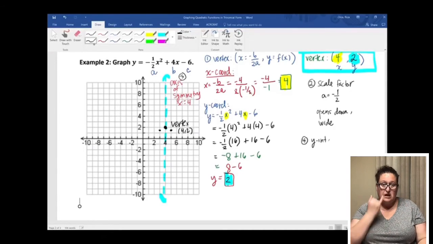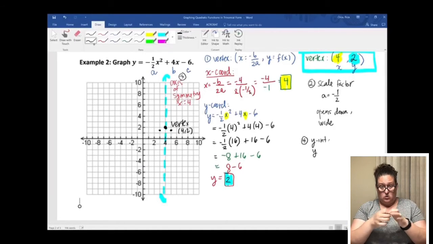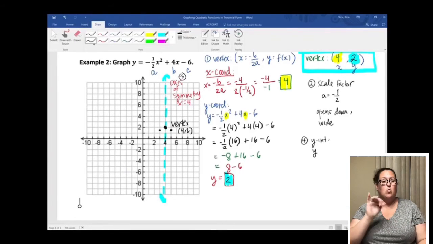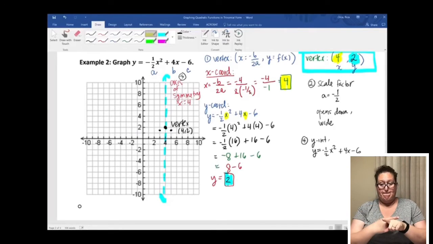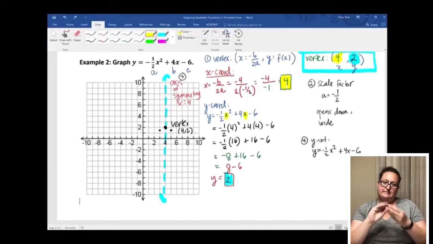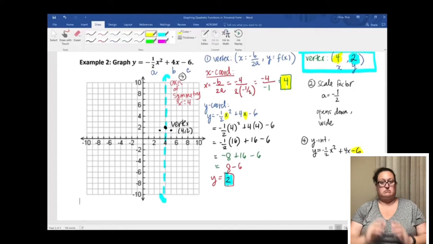So if I rewrite the equation, it's y equals -1/2 x squared plus 4x minus 6. Remember, the y-intercept is our c value, which is -6.